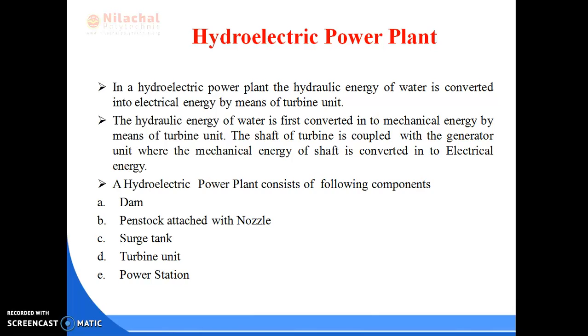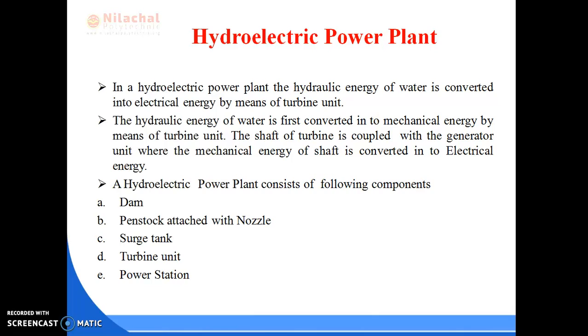In a hydroelectric power plant, we produce electrical energy from the hydraulic energy of water by means of a turbine unit. So how do we get the electrical energy from hydraulic energy? First of all, the water enters the turbine unit, which we studied earlier.